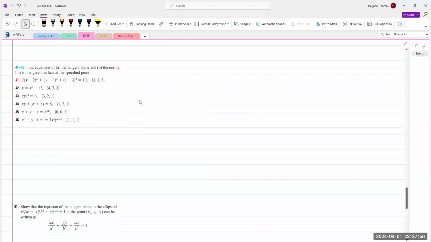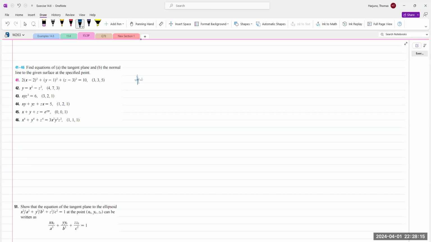Okay, let's go on. Numbers 41 to 46, find the equation of the tangent plane and normal line to the given surface at the specified point. The same situation, right? Let's see, which one should I do? I do number 46 right away.